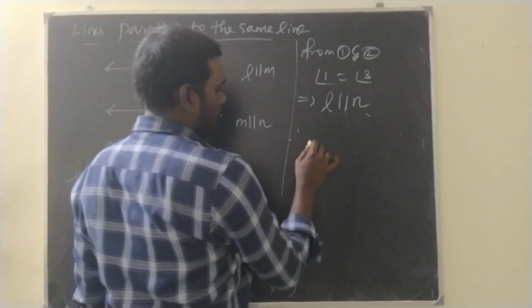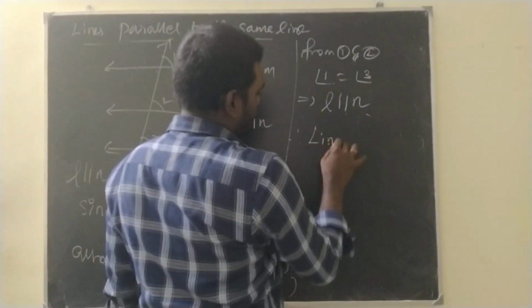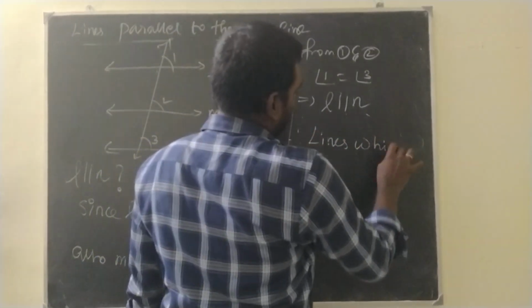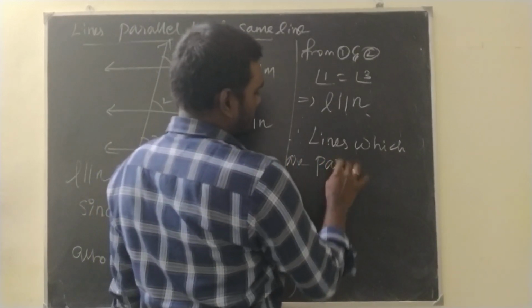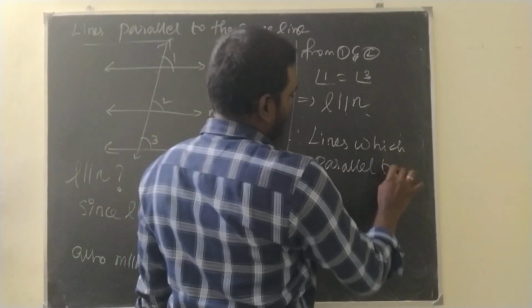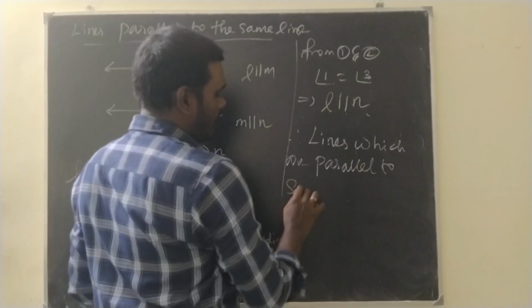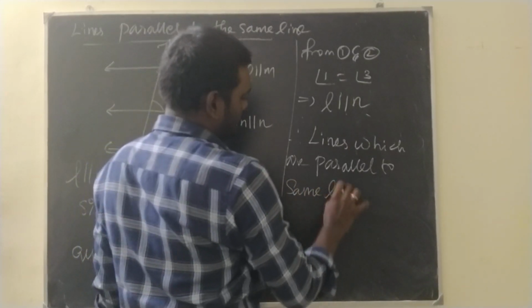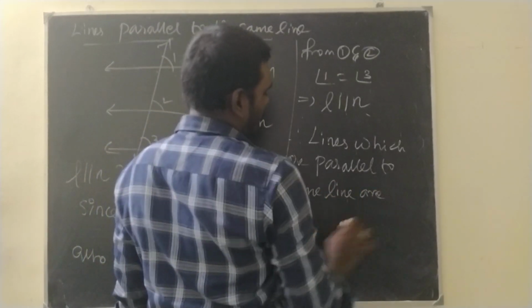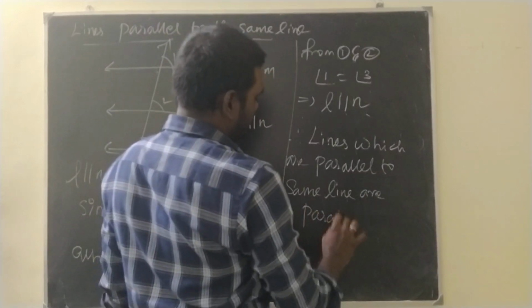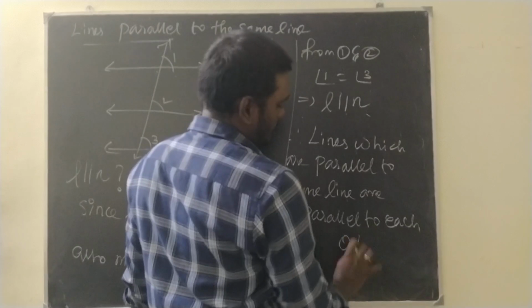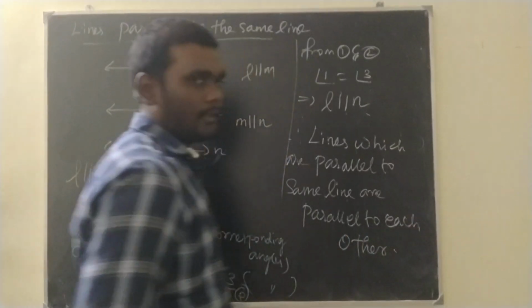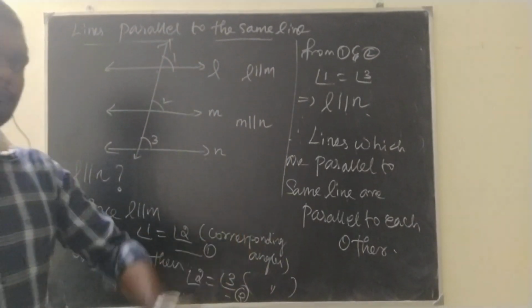So therefore, lines which are parallel to the same line are parallel to each other. That is the statement of the theorem. Okay.